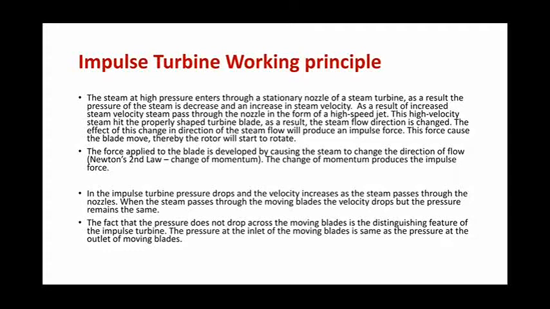The force applied to the blade is developed by causing the steam to change the direction of flow. It follows Newton's second law: the change of momentum produces the impulsive force.